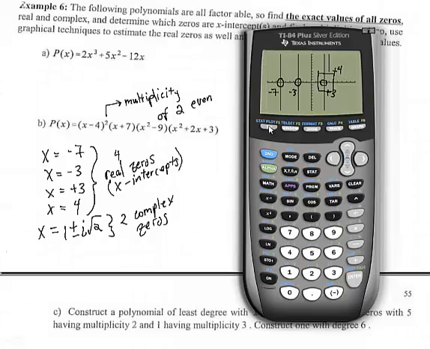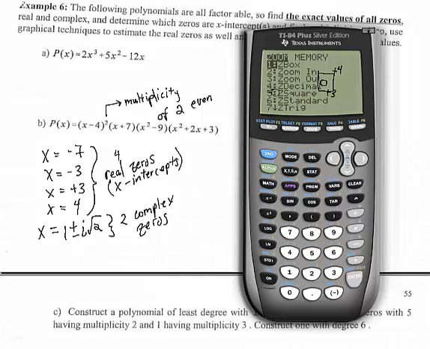So here we go. I'm going to zoom in. And I'm going to erase these marks I made over my graph. I want to hit zoom box.